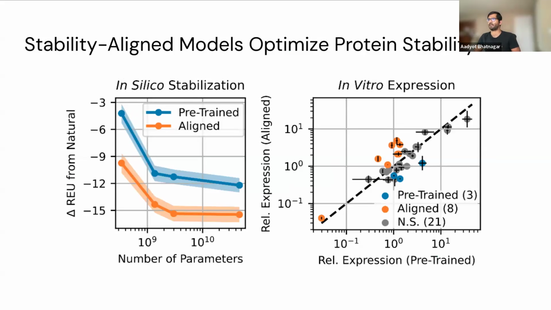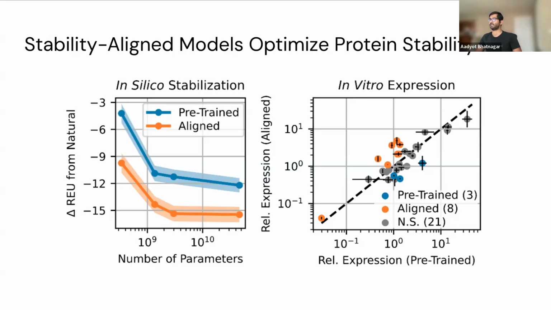So we take 32 of the wild types from that assay, and we prompt the model with the N-terminal or C-terminal 25% and let both the pre-trained and the aligned models generate the remainder of the sequence. And we see, according to Rosetta, the generations from the aligned models tend to be more stable based on this delta REU. More details in the paper if you're curious.